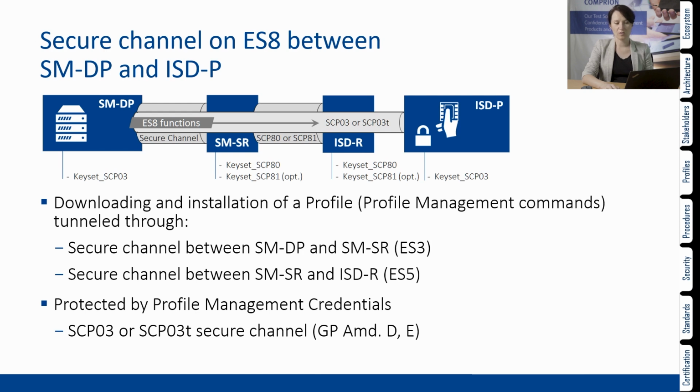You remember, Amendment E is for the key establishment and Amendment D for the actual SCP-03T secure channel protocol; SCP-03 is defined by Global Platform as well. And the key derivation process is based on the public key of the EUICC.